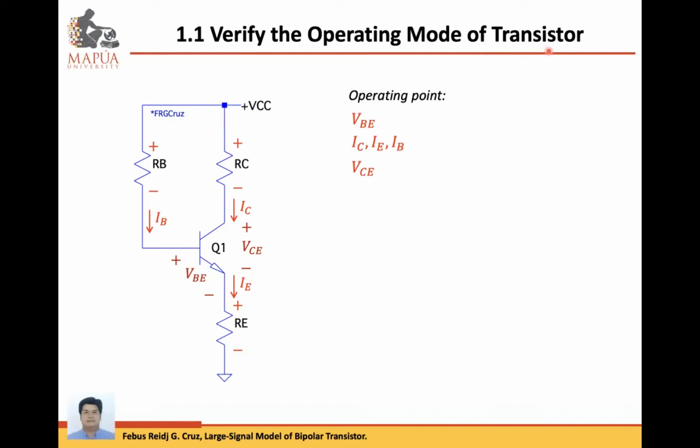So when we do the analysis, we assume that Q1 is in the active mode. So yun ang assumption mo, no, na umaandar yung Q1. But after getting the operating parameters, we can double check whether Q1 is actually in the active mode.